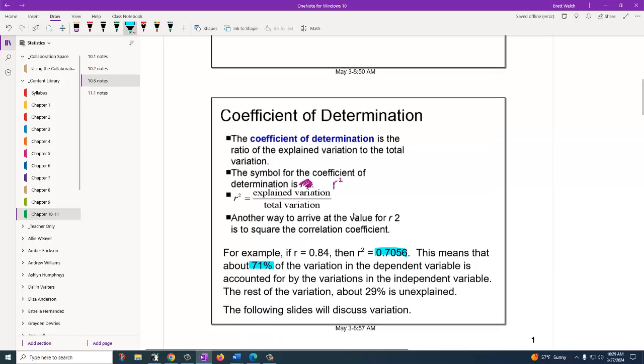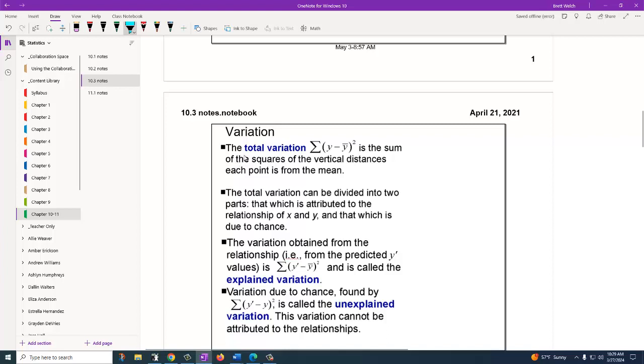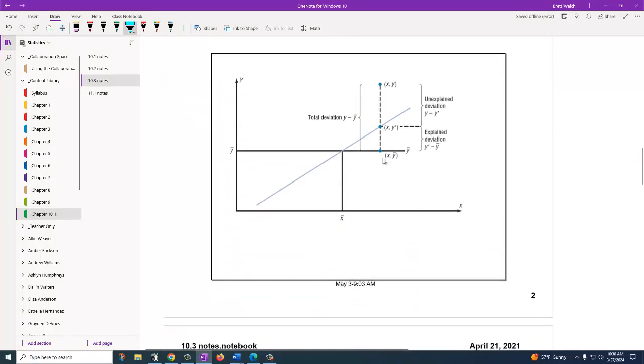Okay, so when we talk about variation, the total variation is basically what we expect minus the actual, squared. It's the sum of the squares of the vertical distances each point is from the mean. That y bar would be our sample mean. So each point, let me see if I can show you this picture.